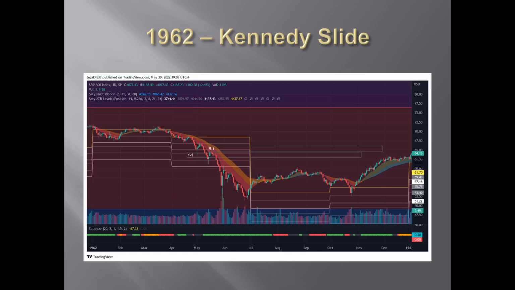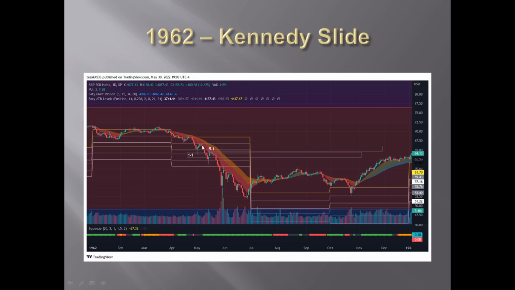So let's dive into this. This is in 1962. This is the first one I found, and this is the first move. I labeled them all: 1 tag 1 being the first category 1, 5 tag 1 being the first category 5. So you're coming in, you hit this one, you bounce up, and you get a move of about 3% off of this, up through here.